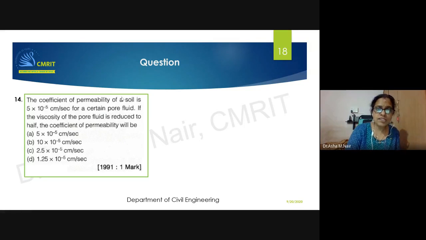If the viscosity of the pore fluid is reduced to half, the coefficient of permeability will be? So you are given the condition that the viscosity is reduced to half. How is permeability related to viscosity?